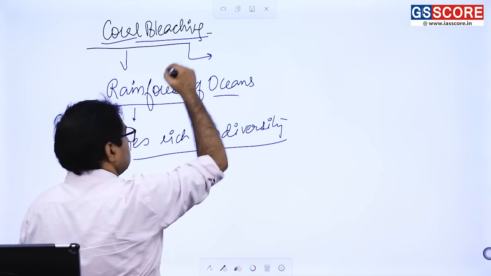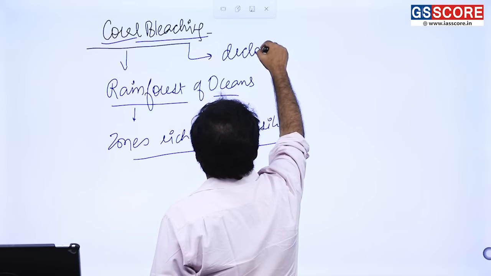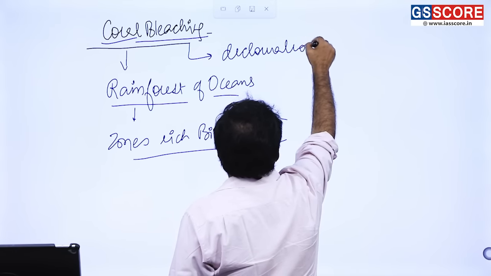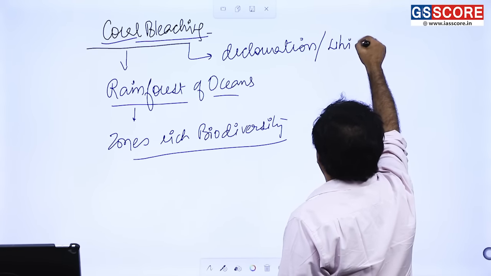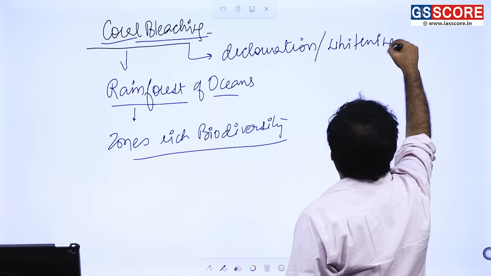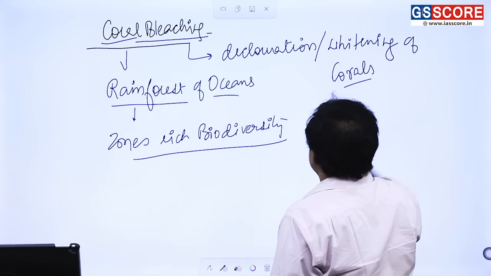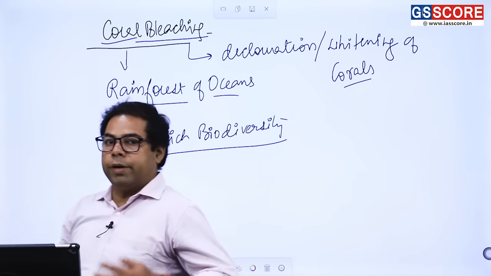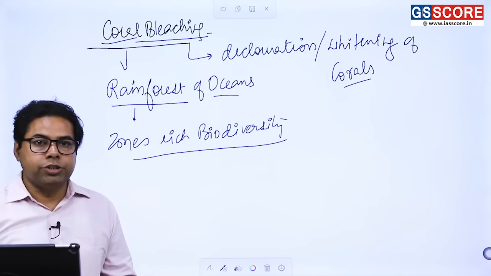Coral bleaching means there is a decoloration or whitening of corals. So that will be a big damage for the marine ecosystem because of the rise in temperature.